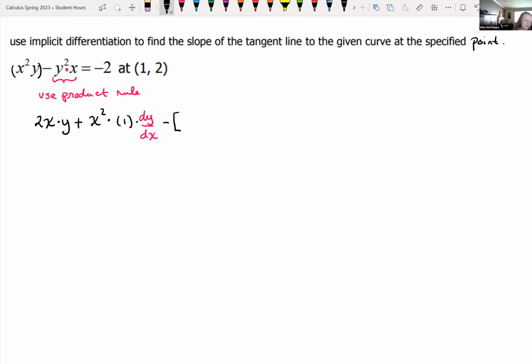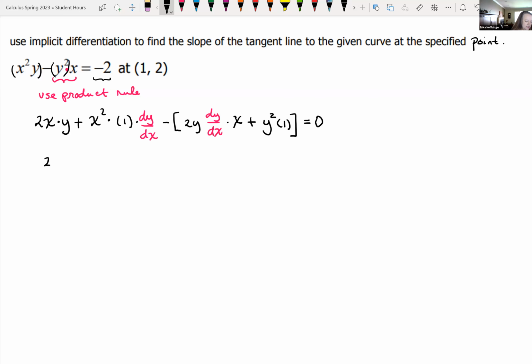And so if I take the derivative of my first piece, y squared, that is 2y, but it was with respect to y, so dy/dx, times the second, which is x, plus the first, y squared, times the derivative of the second, which is just 1, is equal to the derivative of -2. Derivative of a constant is 0.